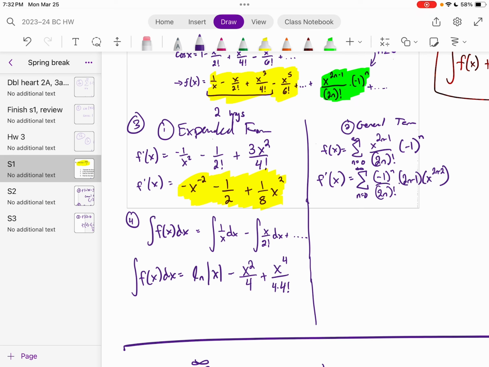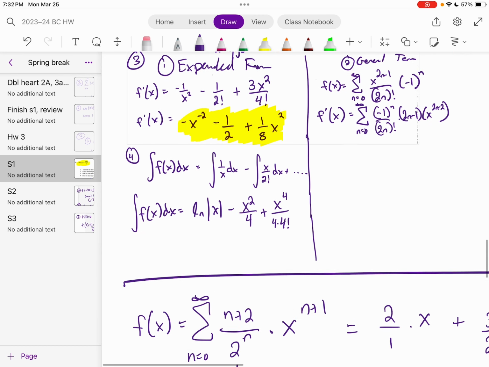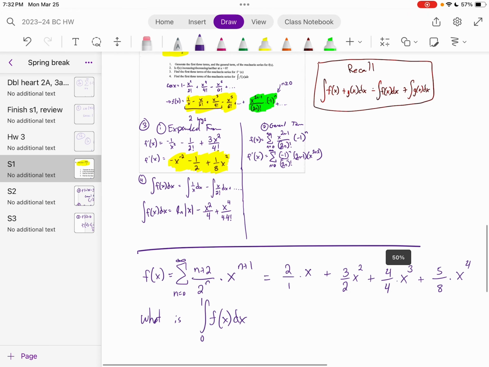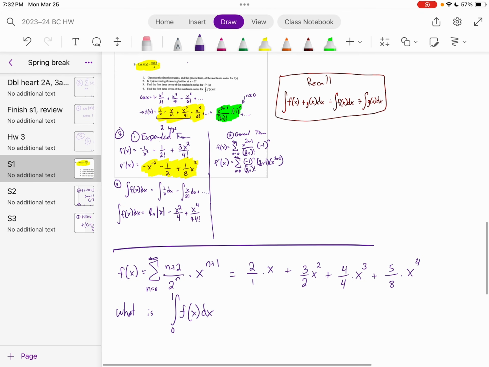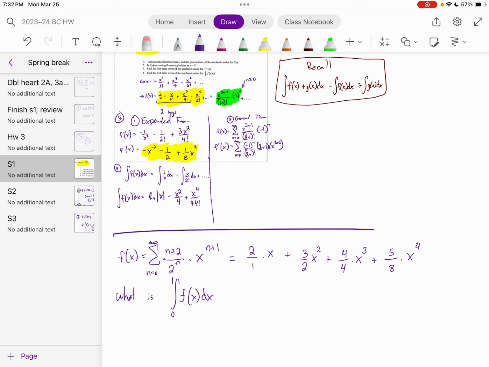Okay, so that was good. And then I wanted to look at this friend who's not on any sheet that you have. We're going to look at a definite integral now, and I want you to play with it and see what you can come up with first.